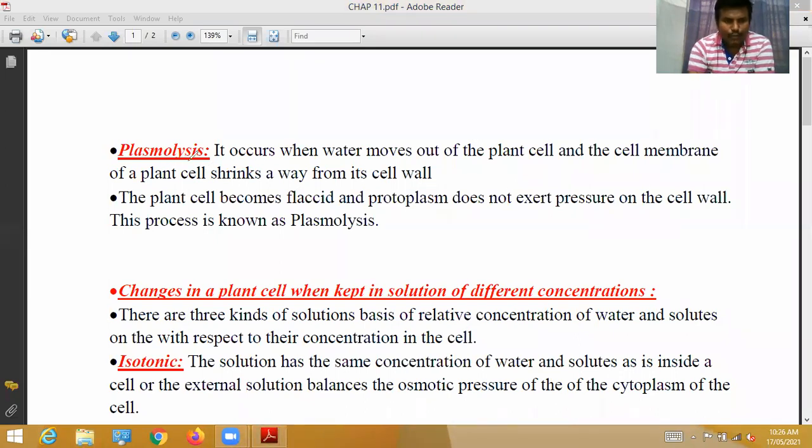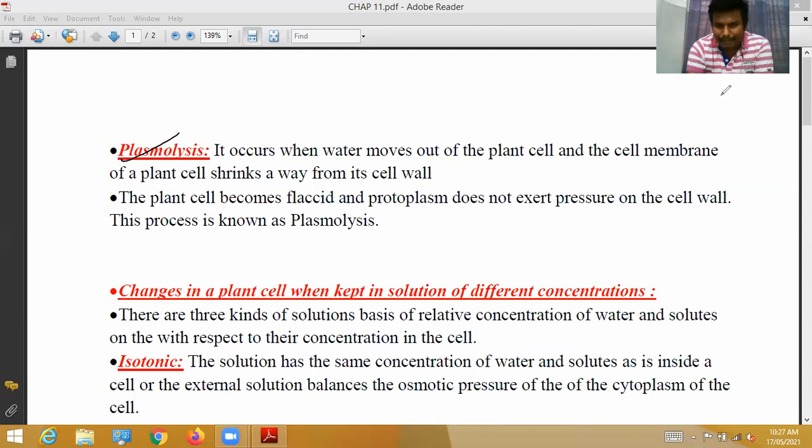First of all, what is plasmolysis? It occurs when water moves out of the plant cell.